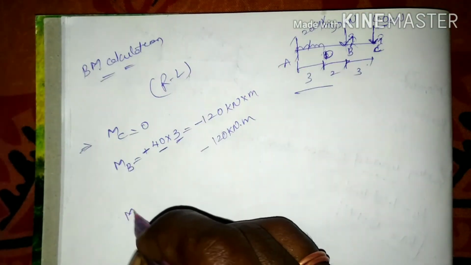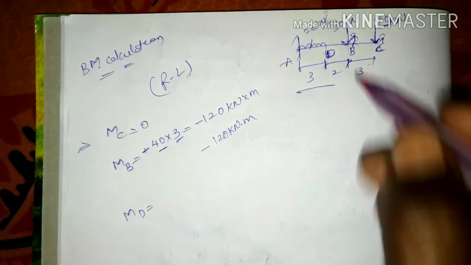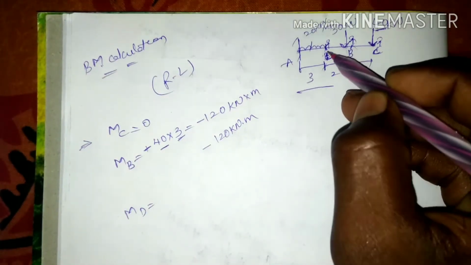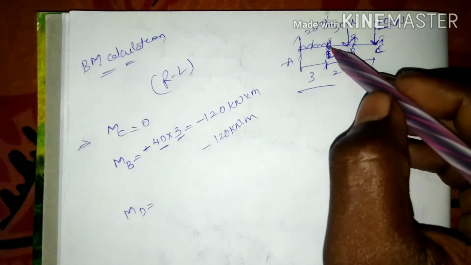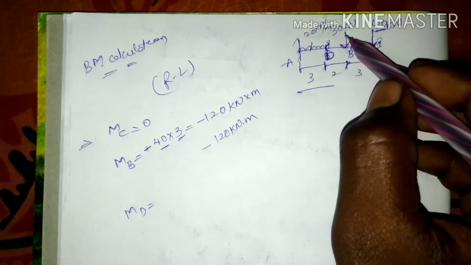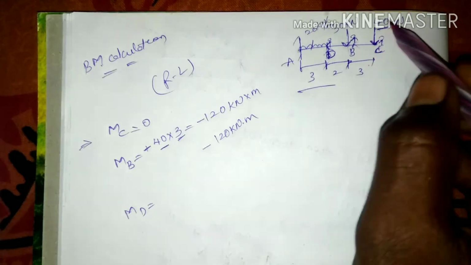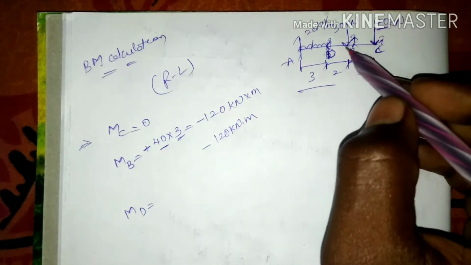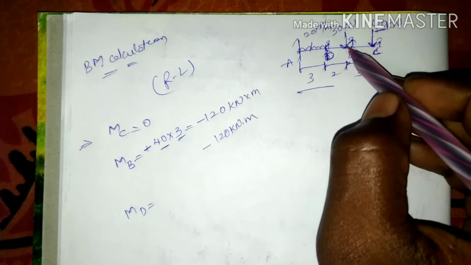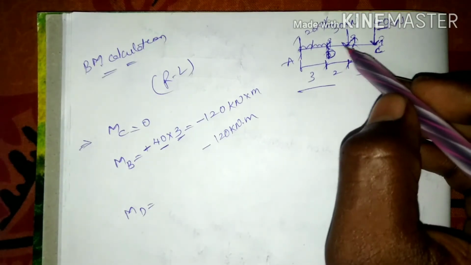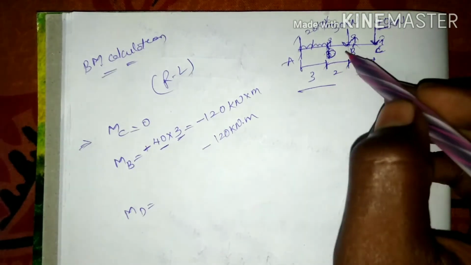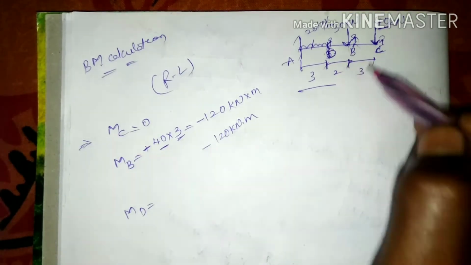And next, moment about D is equal to, here moment about D. If you stand just right of D, we are going to find a 30 kilonewton load and a 40 kilonewton load, which are point loads, with a distance from C to D of 5 meters and from B to D of 2 meters.